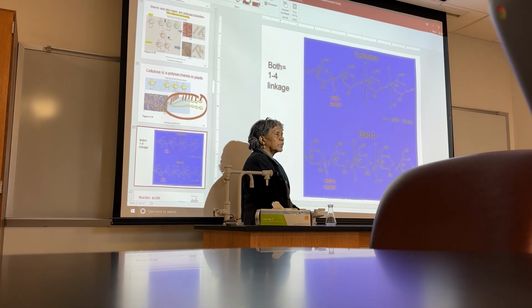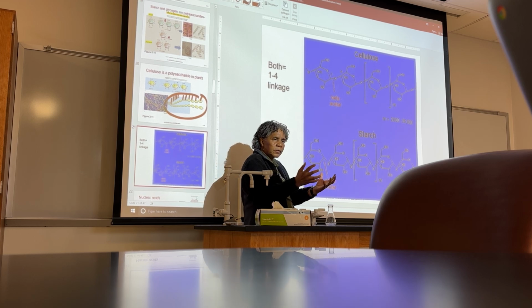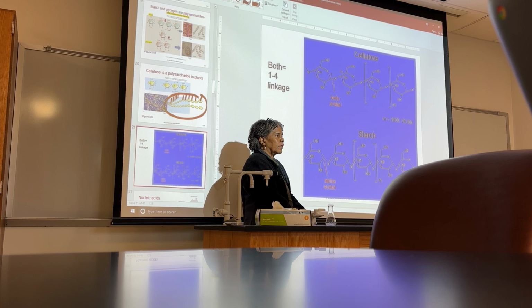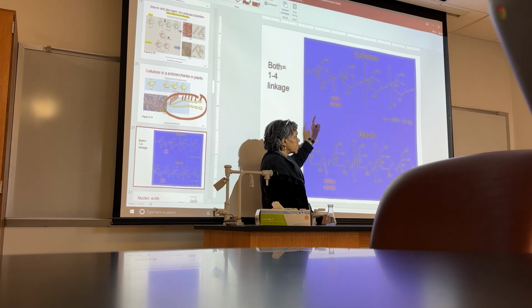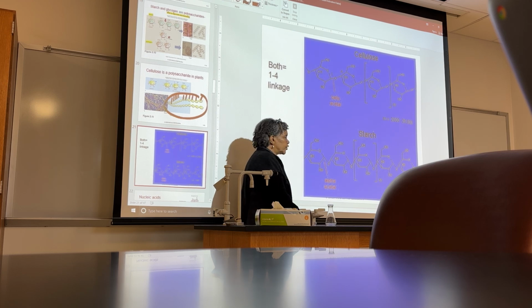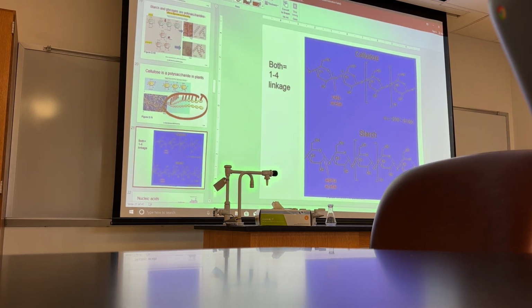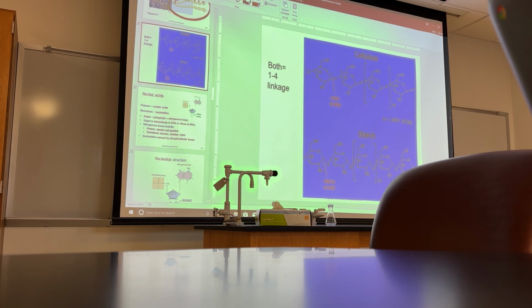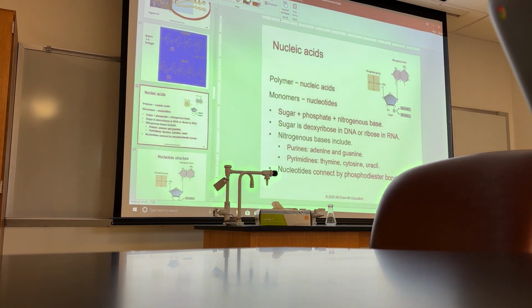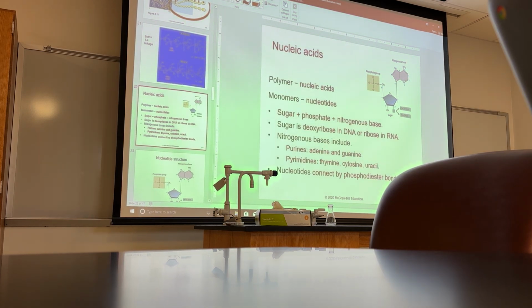It's in the plant wall, the wall around the plant cell. And you can't digest it. So I want you to know that. It's because of this linkage. Because of this linkage, you cannot. But cows can, and termites can, because termites eat wood all day.